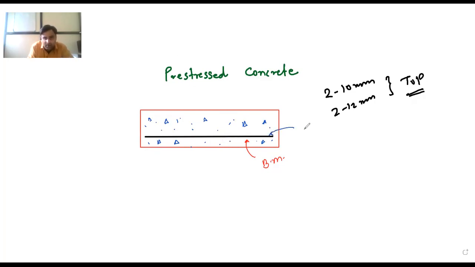We generally call this a bar, or it is also called a tendon whenever we speak about pre-stressed concrete. So this tendon or this bar is given the stresses, or is given the forces applied under stress by using different gauges.